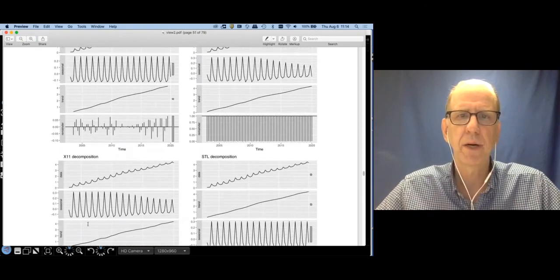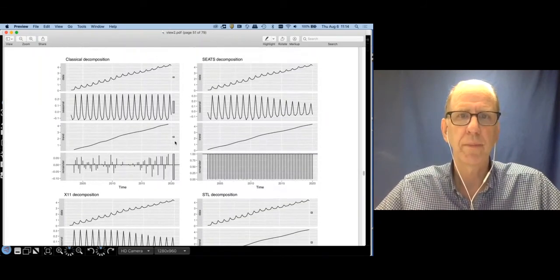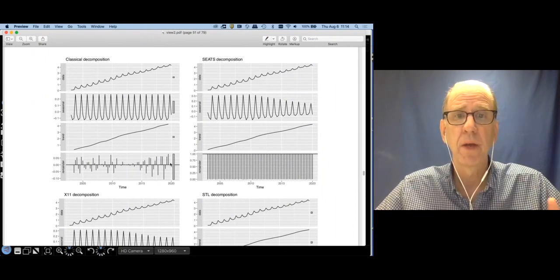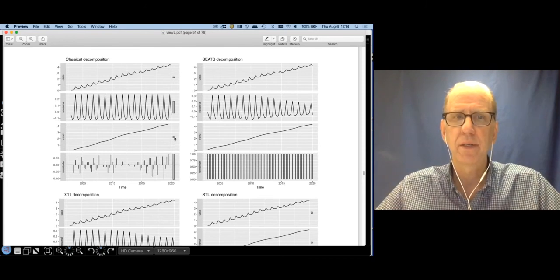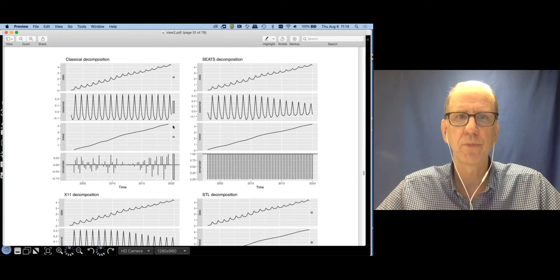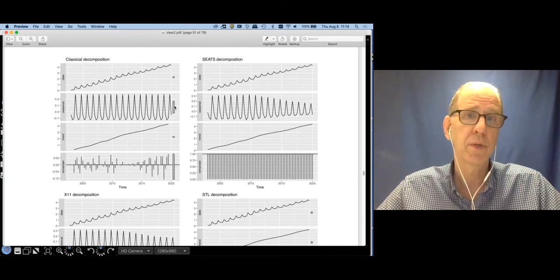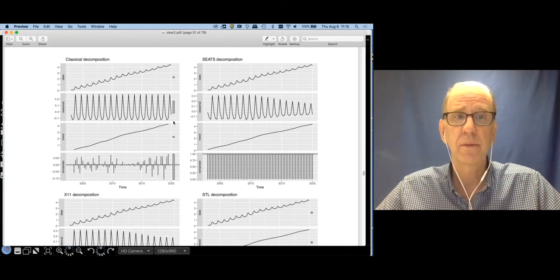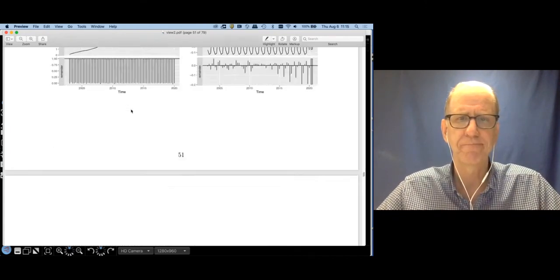And that's reflected by these bars that I was talking about. So we see that the errors are really tiny, they're on a tiny scale. The trend part has a very large scale, which is why that box is so small. Seasonal part is somewhere in between, indicating here the trend part is way stronger than the seasonal part.